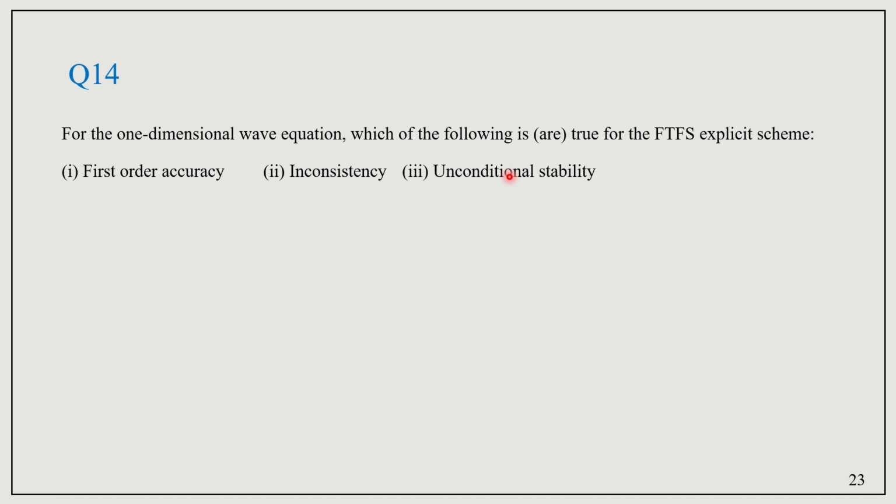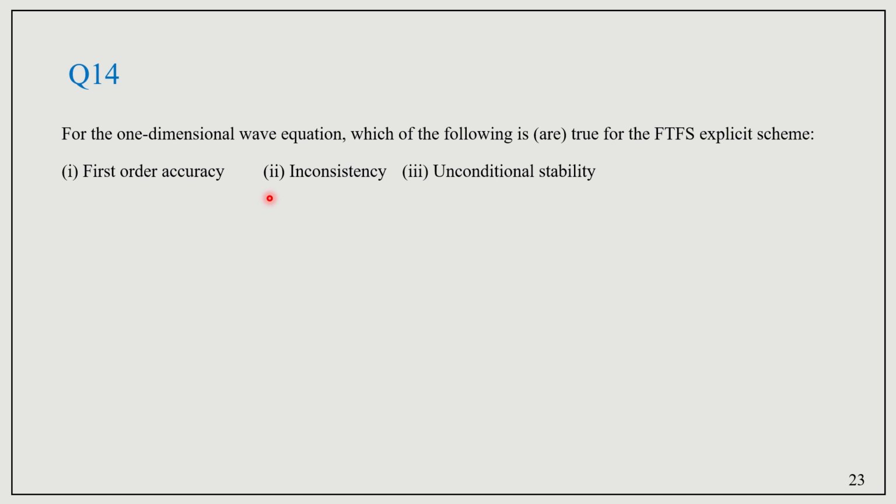For one-dimensional wave equation, which of the following is or are true for the FTFS explicit scheme? So first one, it is given that it is a first order accuracy, and second one it is given that inconsistency, and third one it is unconditional stability.